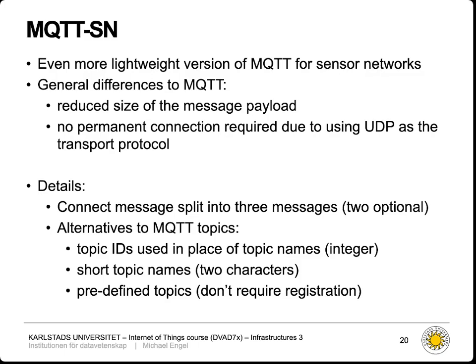And you can also have predefined topics on such an MQTT-SN network, which don't require registration. So they're just something which make it easier and simpler to set up things without that much overhead. So it's just making it a bit simpler again. And this is very useful when you have low bandwidth and low processing and memory available.